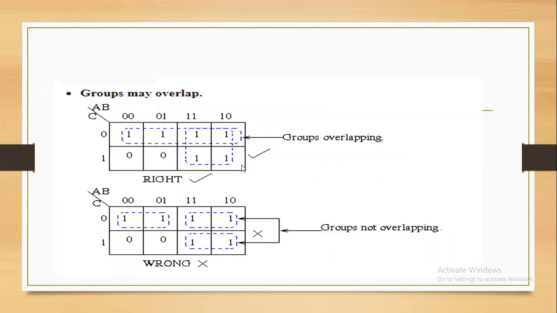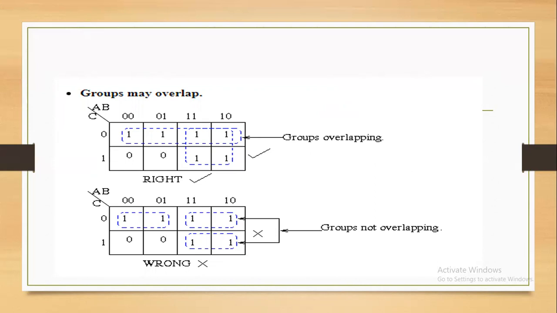Finally, groups may overlap. Why do we overlap? The basic purpose of overlapping is to group all the cells containing ones, so none of the ones should be left ungrouped. Every one should be grouped.